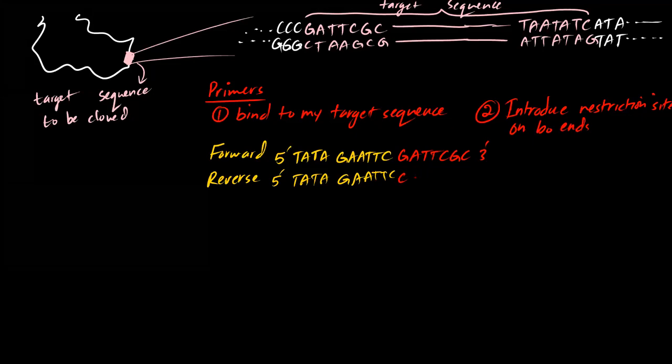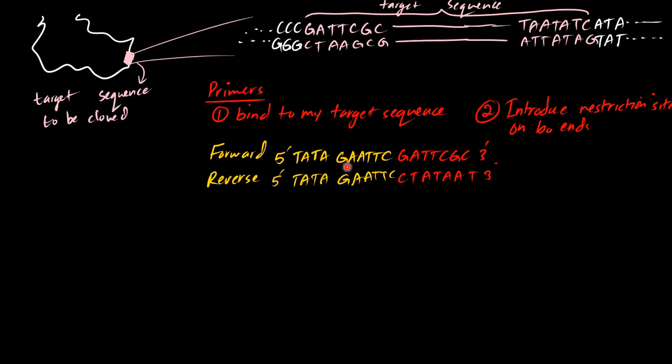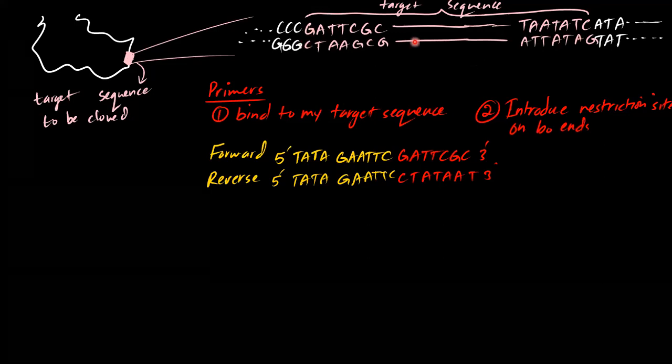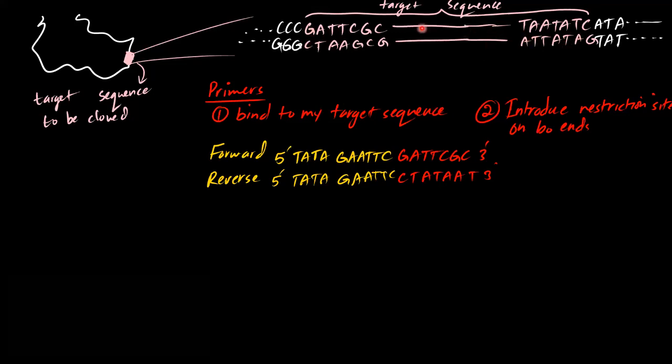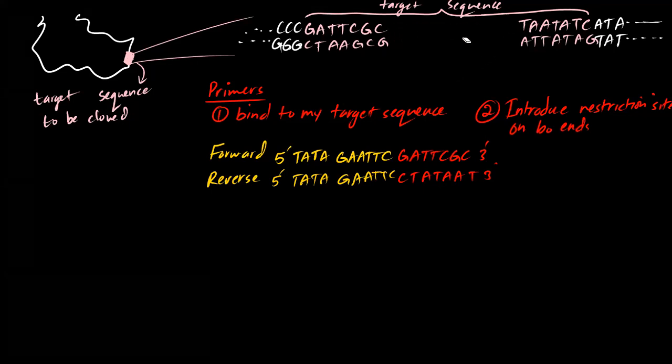We have here C, T. Okay, so these are the two primers that could be used to amplify the target sequence from here to here. Okay, and between here we have some nucleotides. Maybe I should use dotted lines to indicate that here we have many nucleotides. Okay.